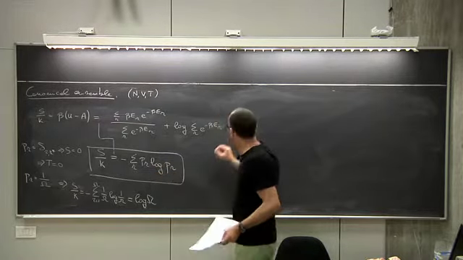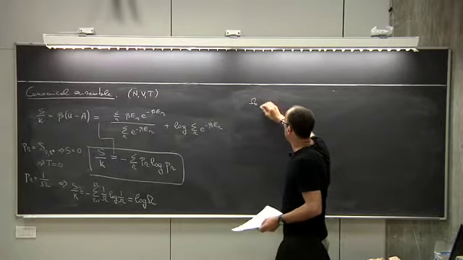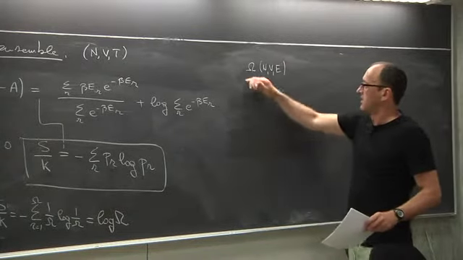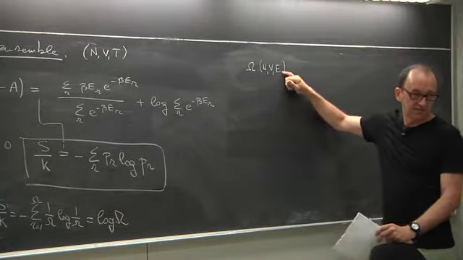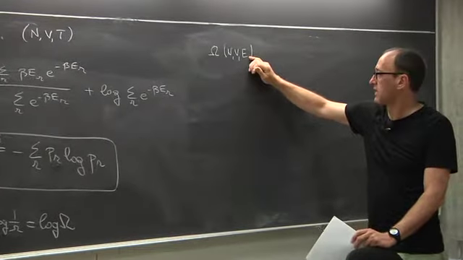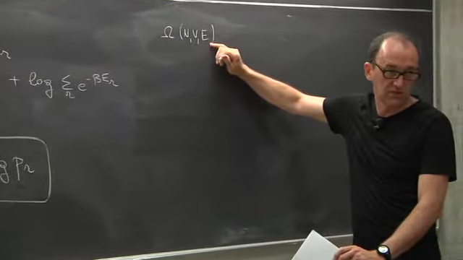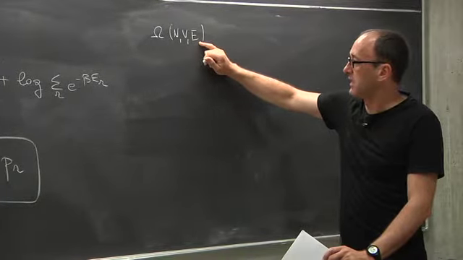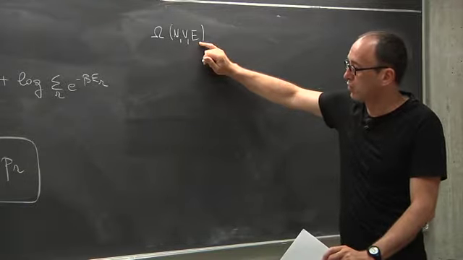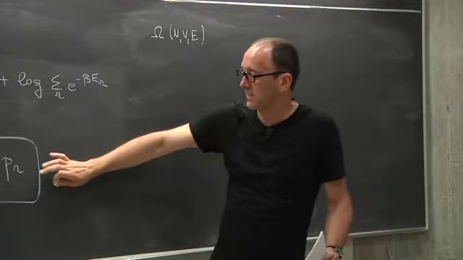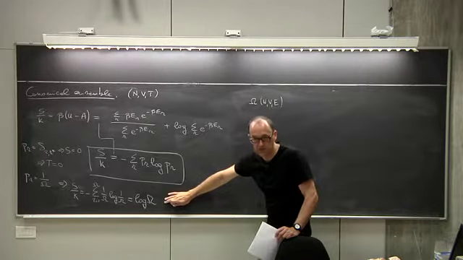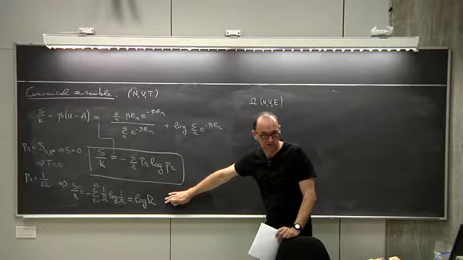So if you know that you have omega, these many states, which are consistent with the energy being E of your system, and you just want to look at what are the states with maximal entropy, then the maximal possible entropy is given by this, which is Boltzmann formula. Okay, this is the microcanonical ensemble.